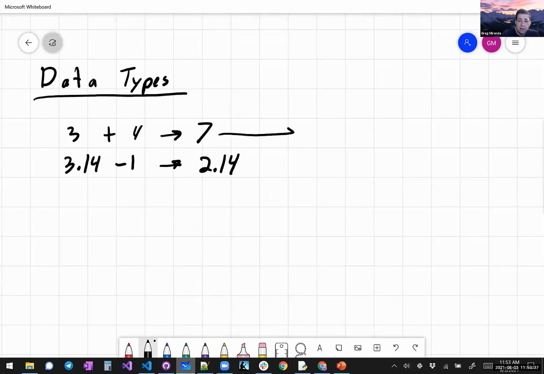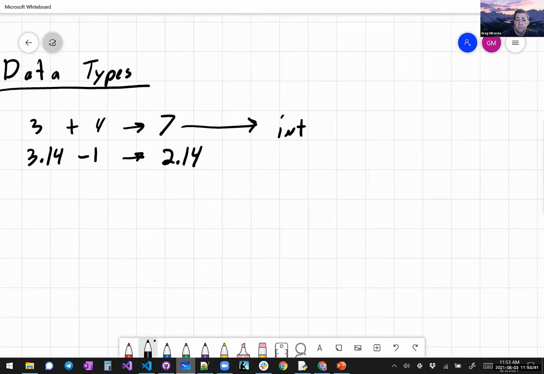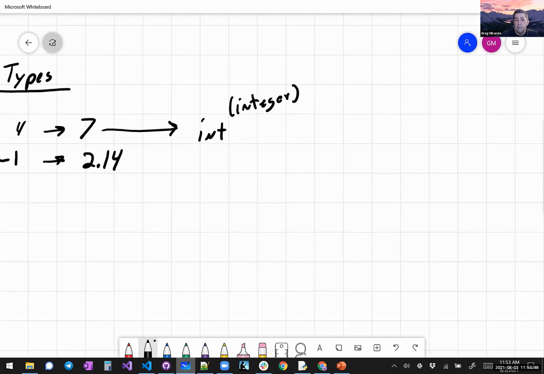This first number is what we call an int, which is short for integer. That makes up numbers like 42, 100, minus 20, 0, nothing with a decimal point.